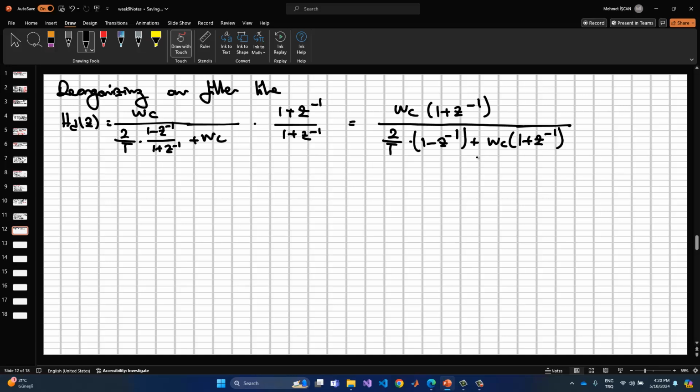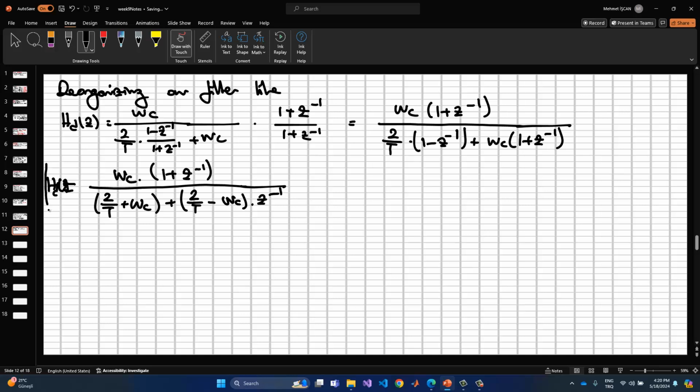Okay? And so, how can we summarize the whole set of equations? Just see that our equation H_d(z) must be equal to wc times (1 plus z^-1) divided by [(2/T plus wc) plus (wc minus 2/T) times z^-1].